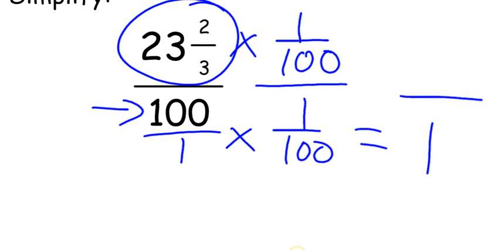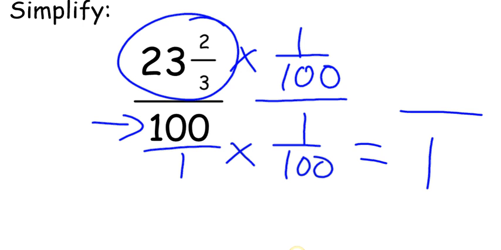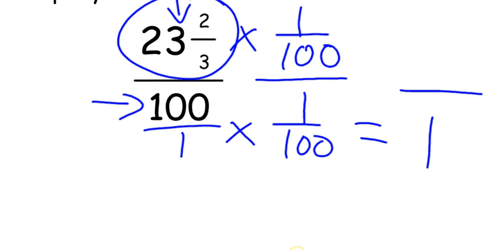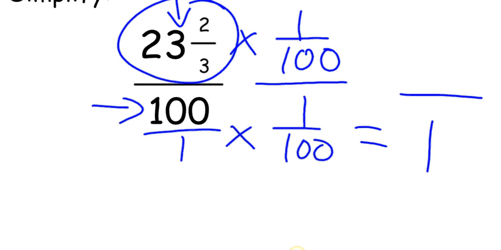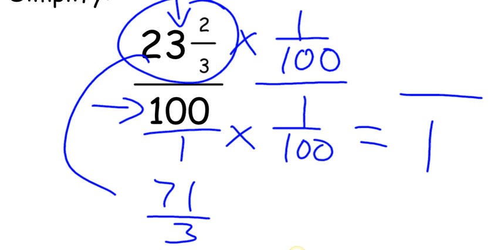Here's where we maybe want to rewind. Before we eliminate, we might want to take this mixed number and change it into an improper fraction, because that's what we're going to have to do now. So if I take 23 times 3, that equals 69 plus 2 is 71. So 71/3. I've taken this number and transformed it into this number, and I'm going to multiply that number by this.